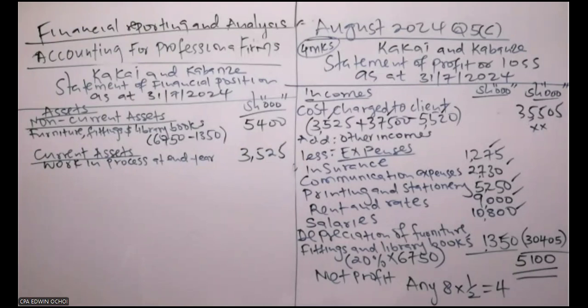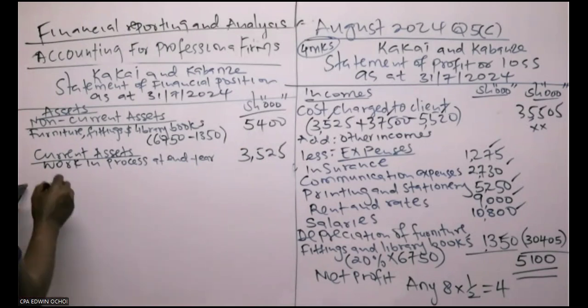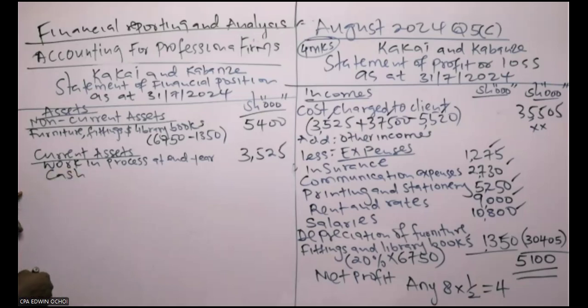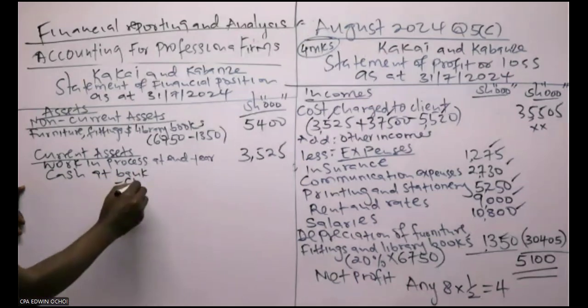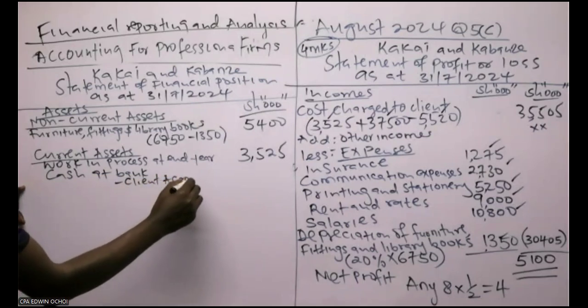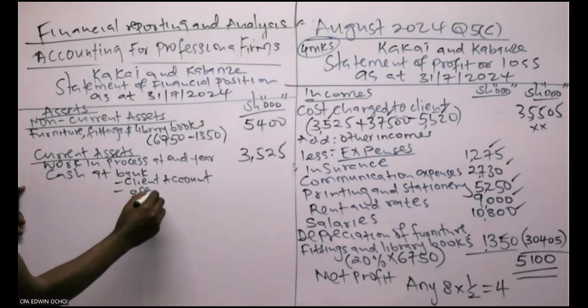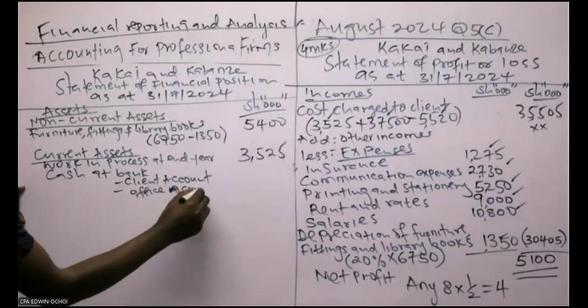Then after that, I can see from the trial balance, we have cash at bank, but now for the client account and the office account.